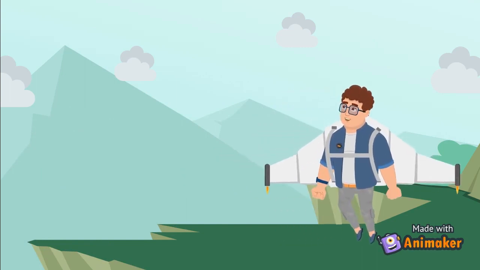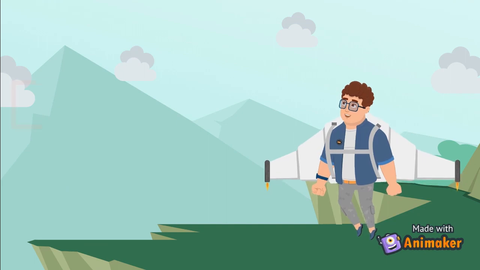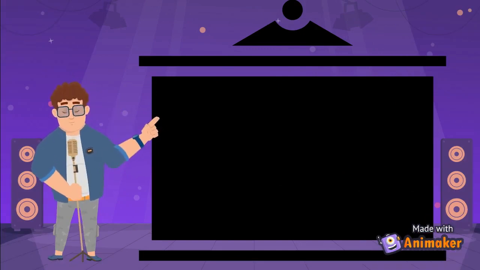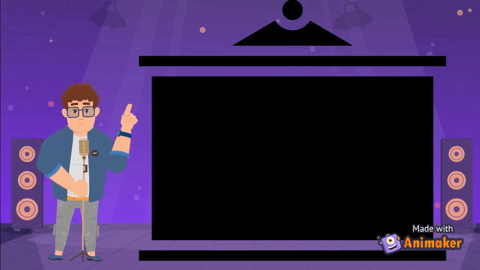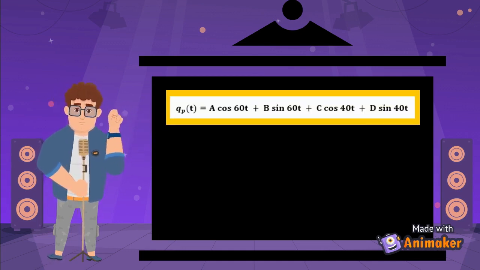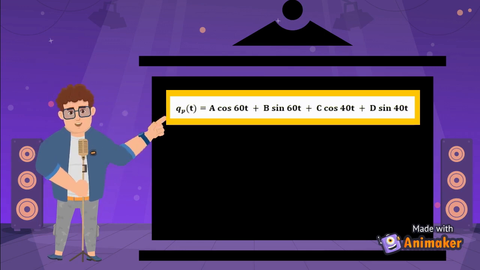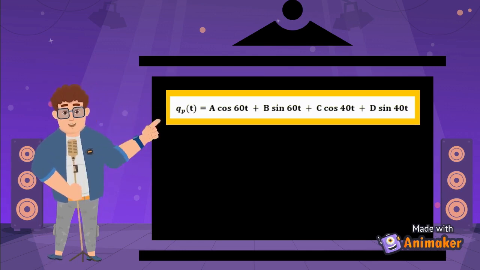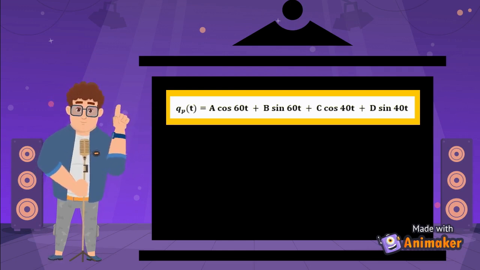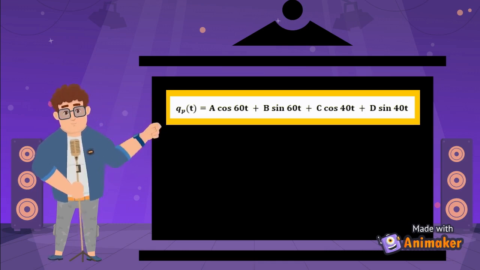After finding the complementary solution, let's find the particular solution, using the method of undetermined coefficients. First, let's assume a particular solution in the form of Qp(t) equal to a cosine 60t, plus b sine 60t, plus c cosine 40t, plus d sine 40t.